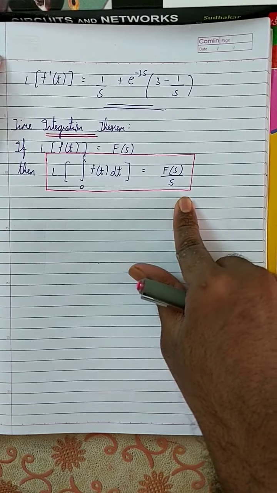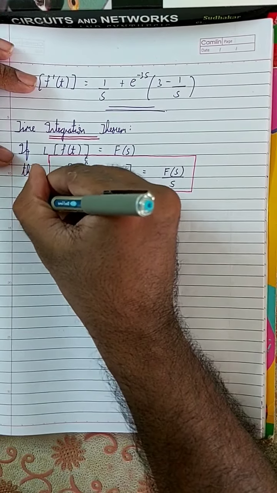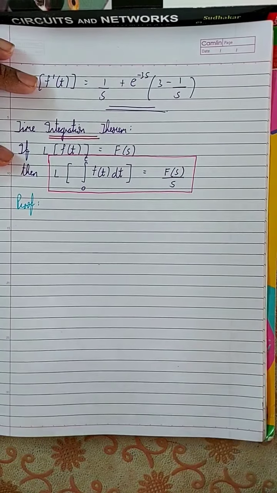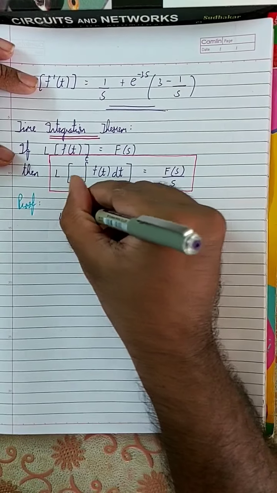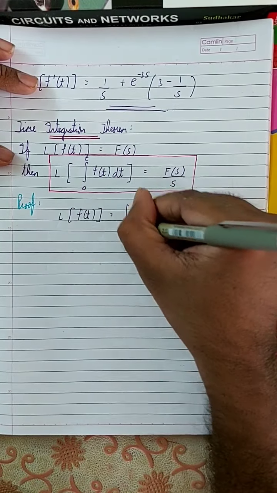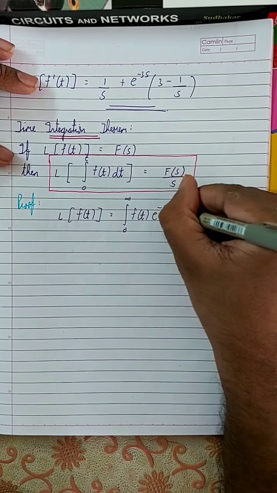So let's prove this. We know that the Laplace transform of f of t is equal to the integral from 0 to infinity of f of t e raised to minus st dt.